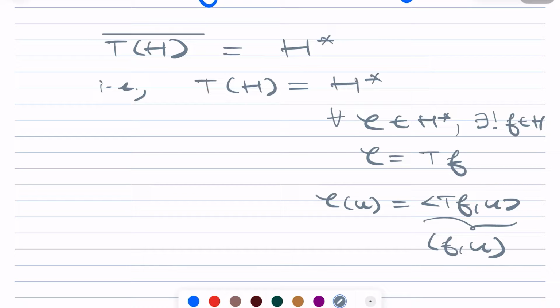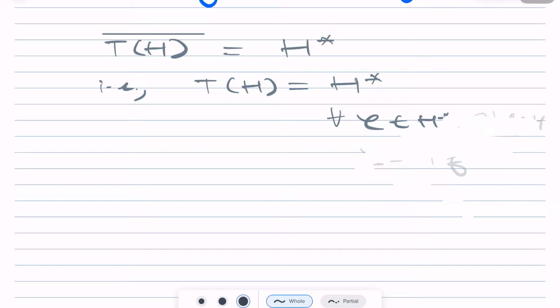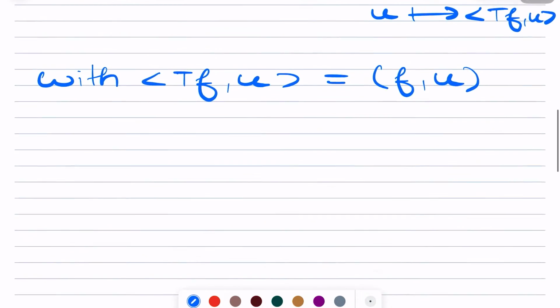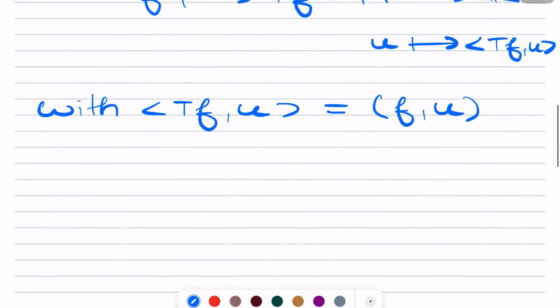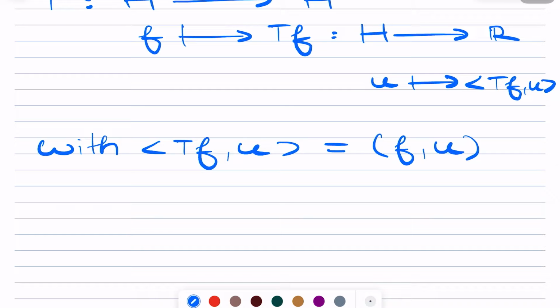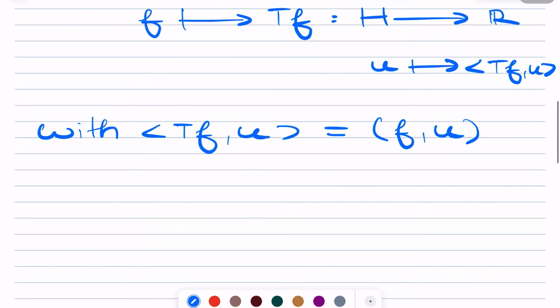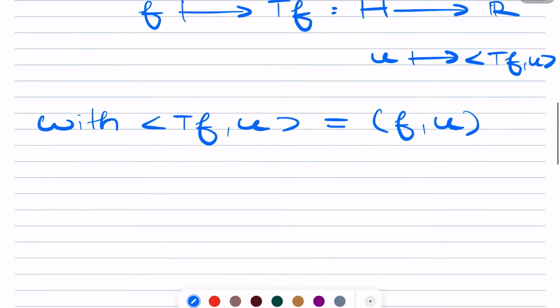I think we don't even have to go again into the proof because I said almost everything, but let's do it. So we define our map T like this.